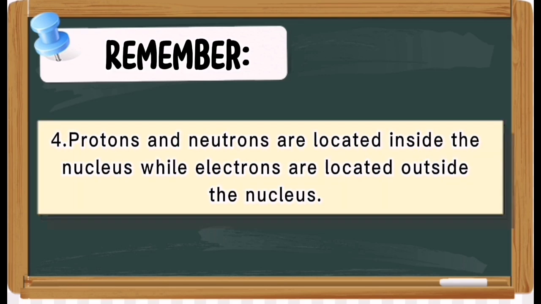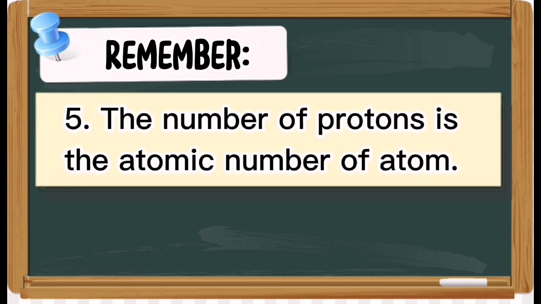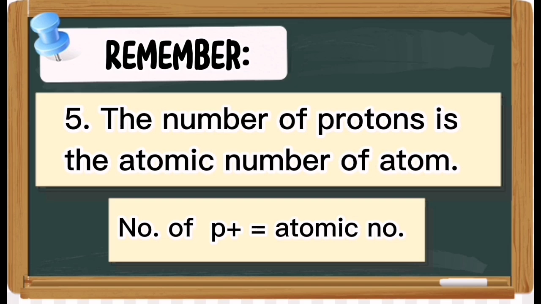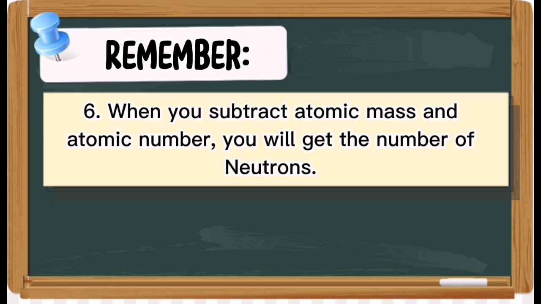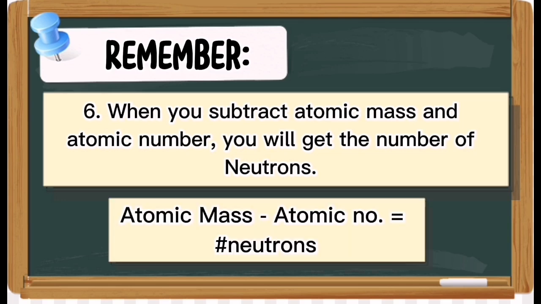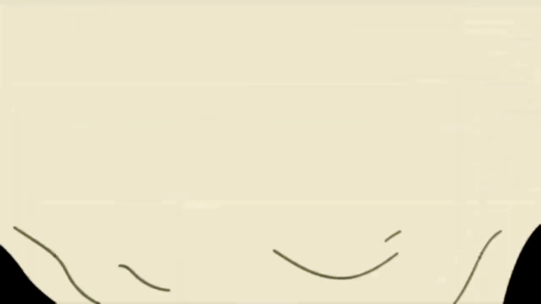Protons and neutrons are located inside the nucleus, while electrons are located outside the nucleus. The number of protons is the atomic number of the atom. When you subtract the atomic number from the atomic mass, you will get the number of neutrons. Did you take note of those important concepts?